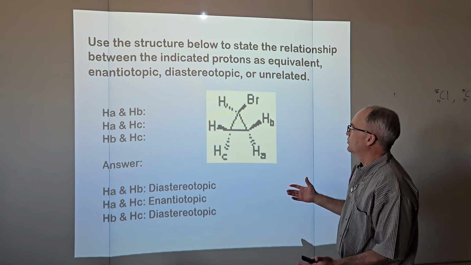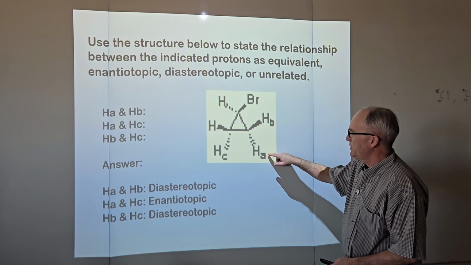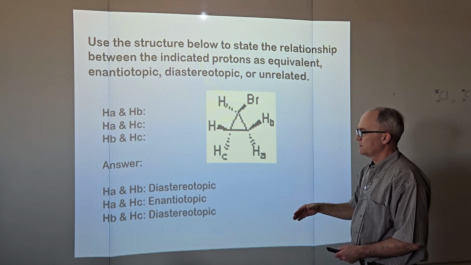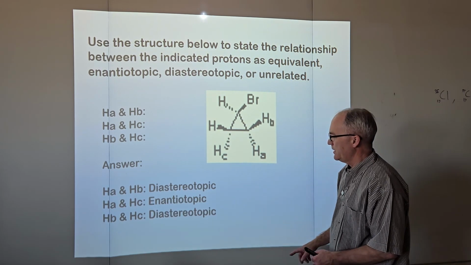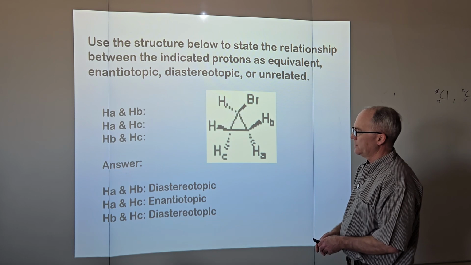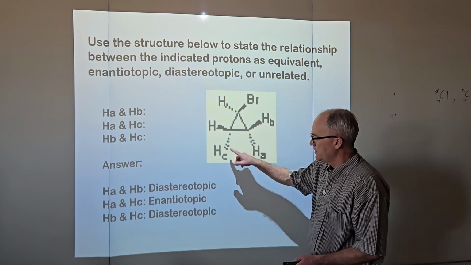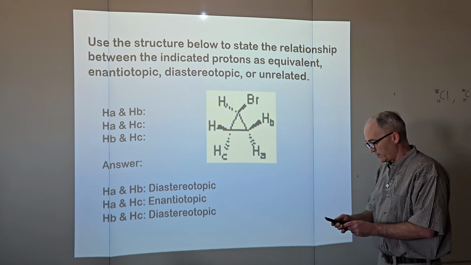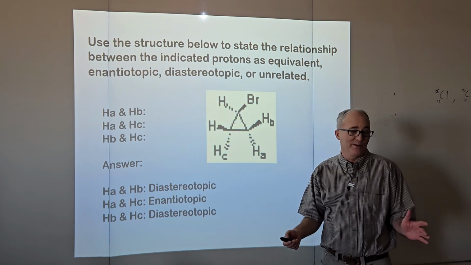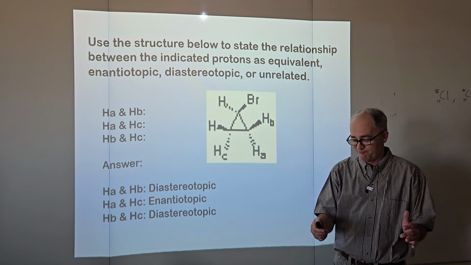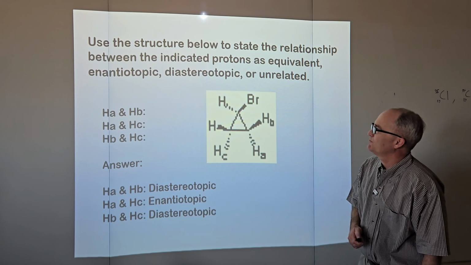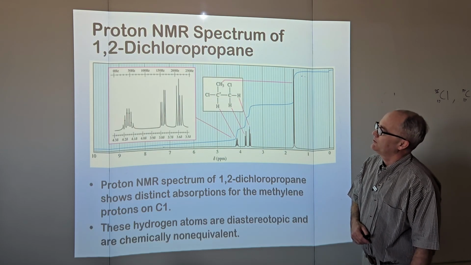Or we could even do bromine, but that would give us a pair of diastereomers. Hard ones to see is an enantiomer. What could we substitute and get enantiomers? A and C. B and C, diastereotopic. It's just the first example I could find, and it's not that great. So we'll move right along.